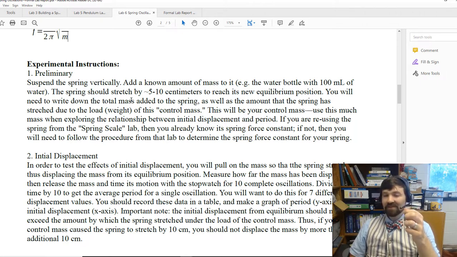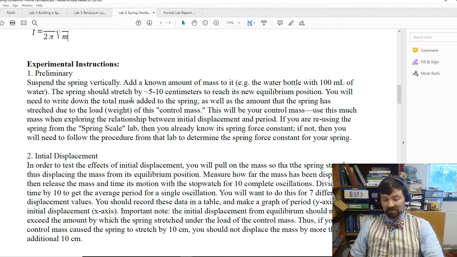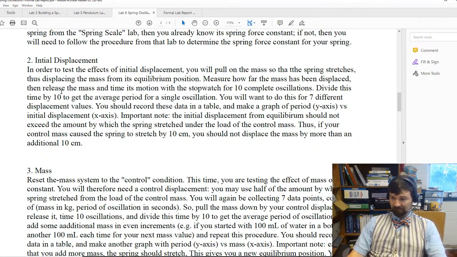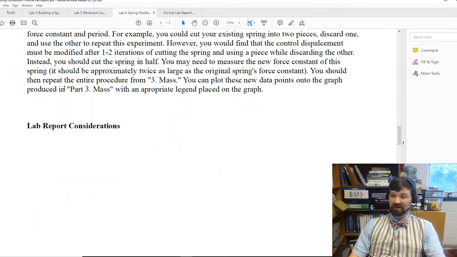I then time it for 10 oscillations. Then I displace it 4 centimeters and time it again for 10 oscillations. Be explicit like that. Then say, okay, now we go back to 4 centimeters each time, but now I'm changing the mass, and explain how you do that. Okay, that's your experimental instructions part.